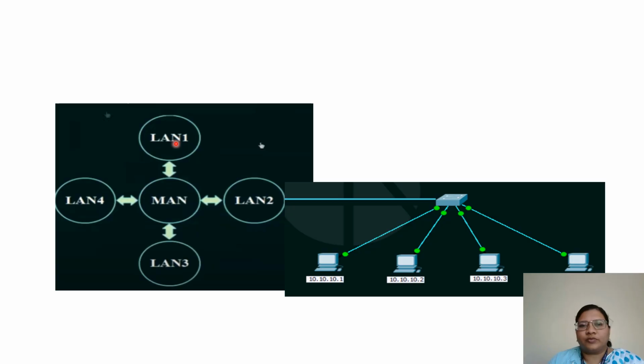If these four are run by the same supermarket, this is the example for how the metropolitan area network works. Mainly it is used inside the city. Each LAN, we already know how it works, has one hub, and the hub is connected with the computers. This is the model of the metropolitan area network.